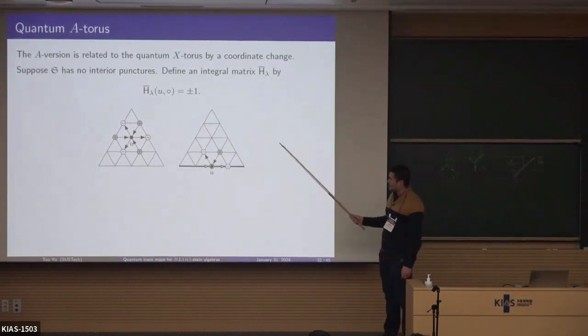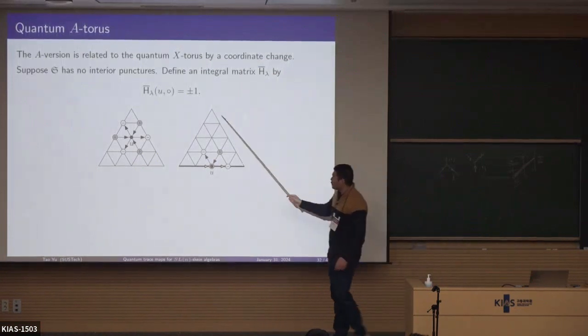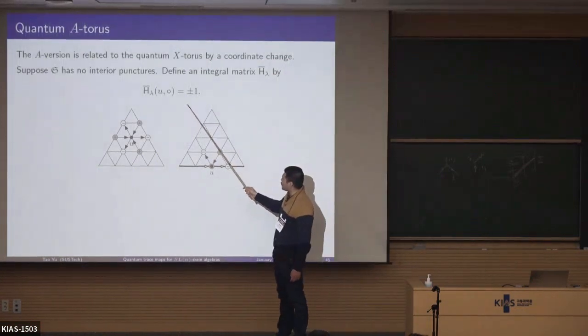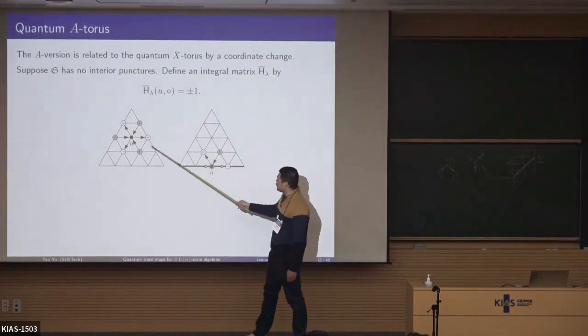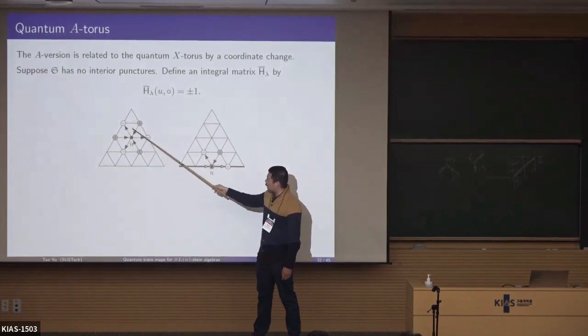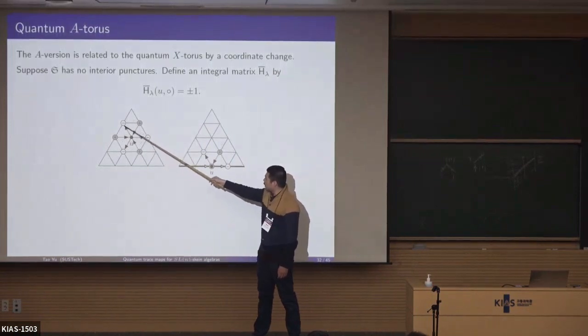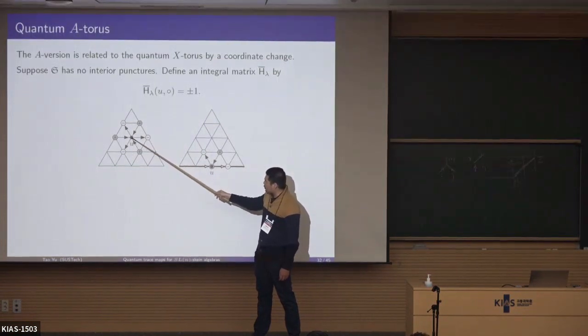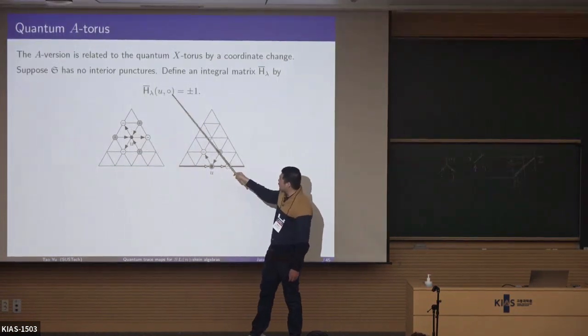Now we're going to aim for the other version that generalizes Müller's construction. What we're going to do is describe a second quantum torus that maps into the Fock-Goncharov algebra. Now I'm going to describe explicitly what that map is. For every vertex, you look at the patterns from the previous graph, and if your vertex points towards that, then this is -1.